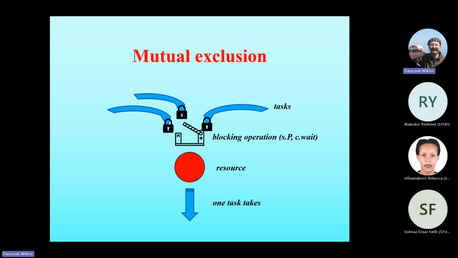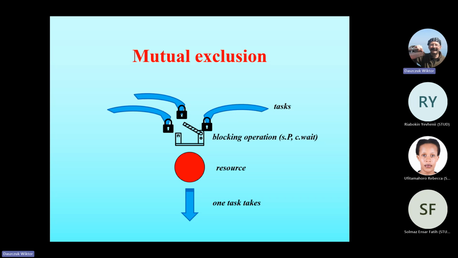So I will repeat what I said before. A blocking operation, like P on semaphore, wait on condition, is for safe allocation of resources. A resuming operation, like V on semaphore, signal on condition, is a scheduling operation, mutual scheduling. It has nothing to do with the operating system scheduling. It's mutual scheduling. A process tells which process is the next.